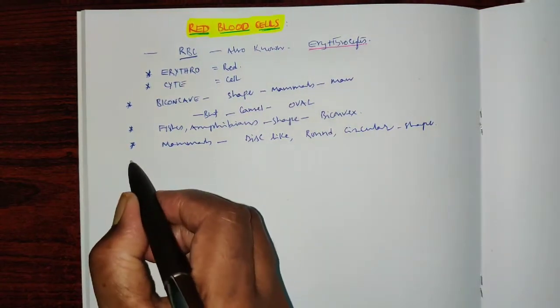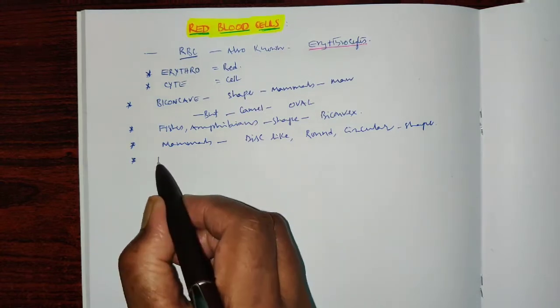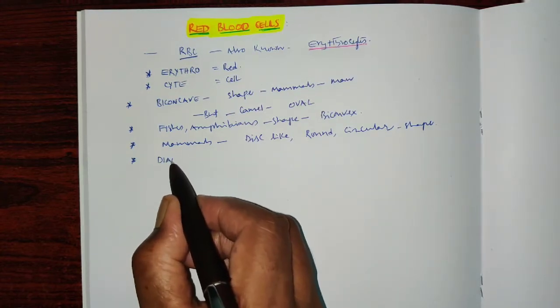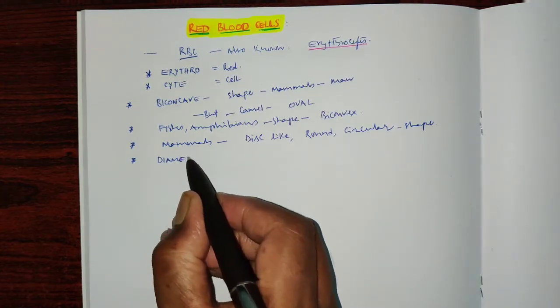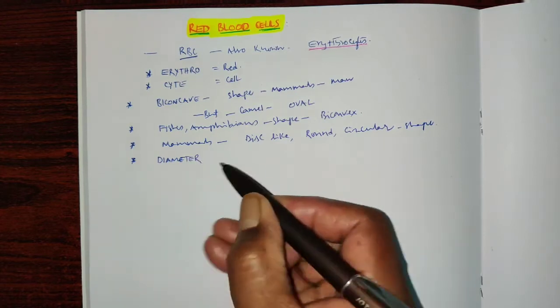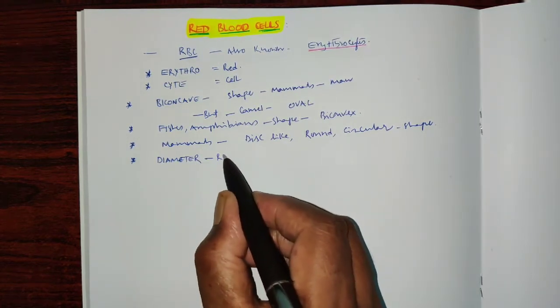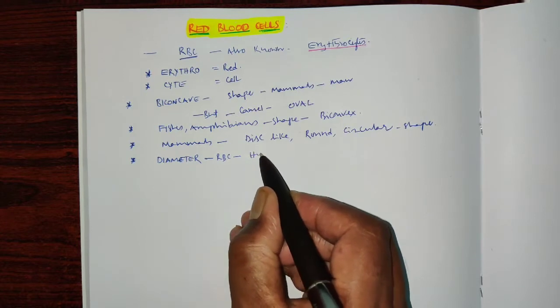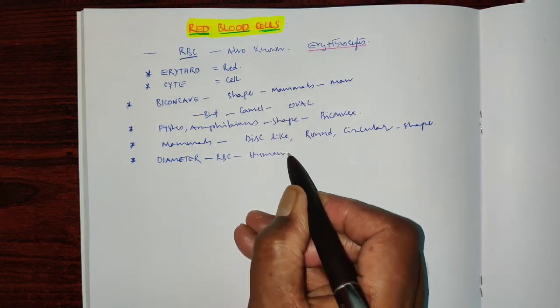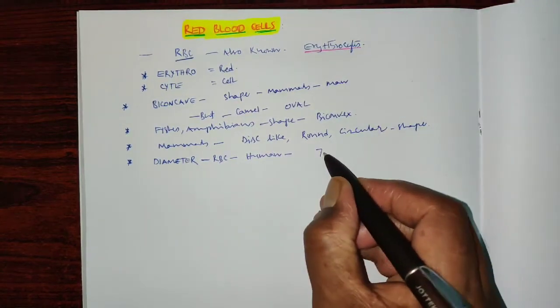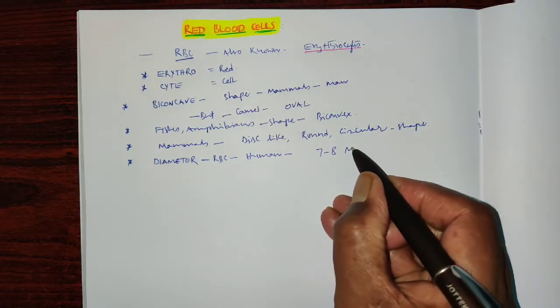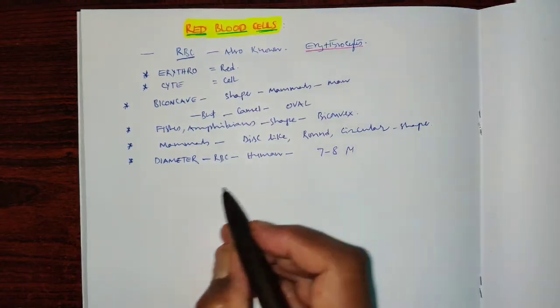And the diameter of RBC in humans or in mammals is about 7 to 8 microns.